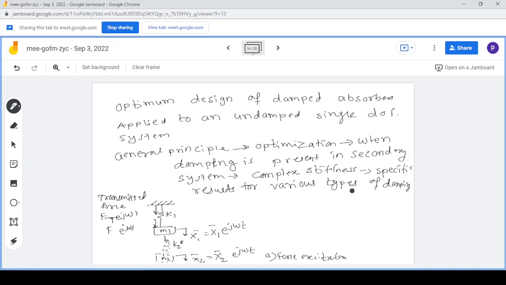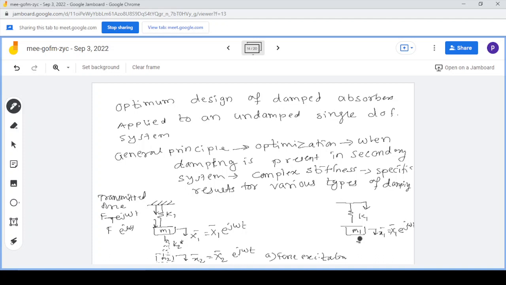Okay. And now let us consider a case of base excitation. Right. So this is K1, mass M1, having amplitude X e raised to j omega t.